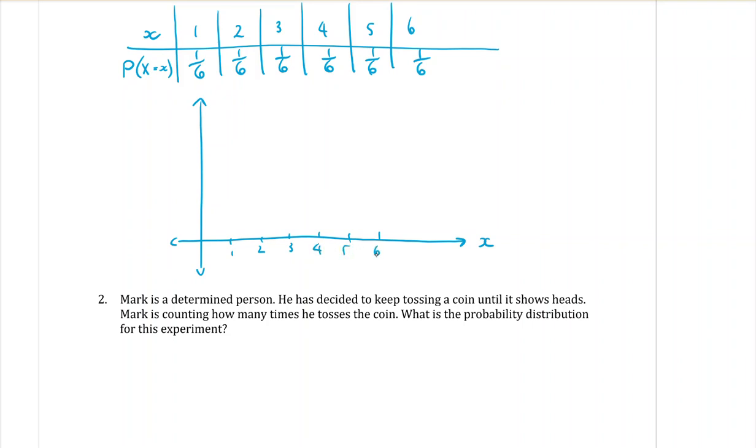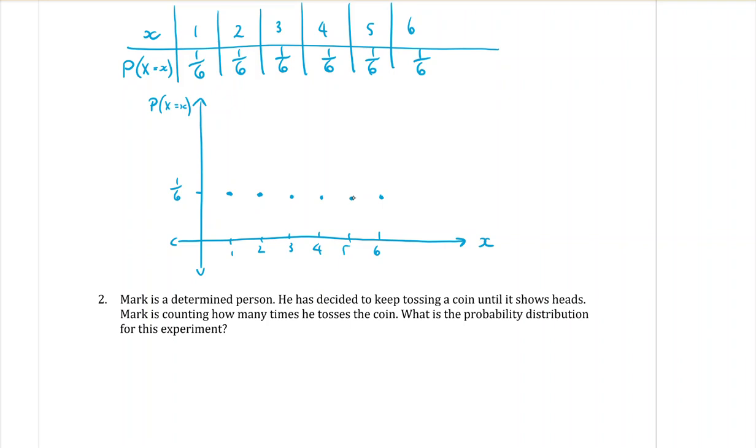Our vertical axis is going to stand for our probability, so probability of capital X equals little x. All of our probabilities were equal to 1/6, so just pick a spot on there, which is going to be 1/6. Then above each one of those, we're going to have a dot. They're dots because it doesn't join together. It doesn't go in between the 4 and the 5, for example. They only exist at the whole numbers.